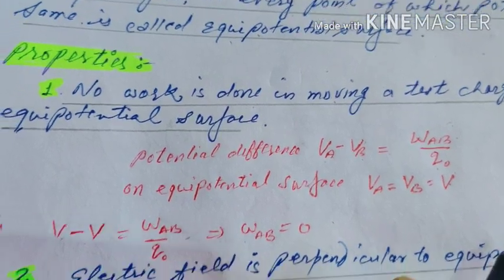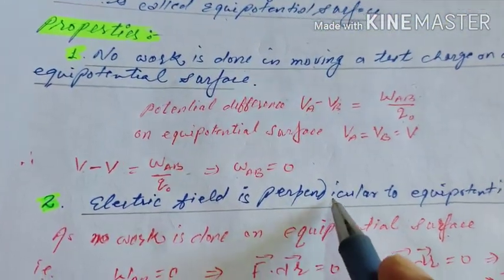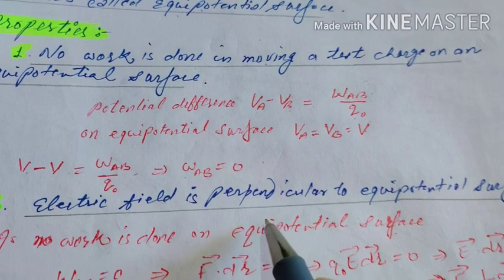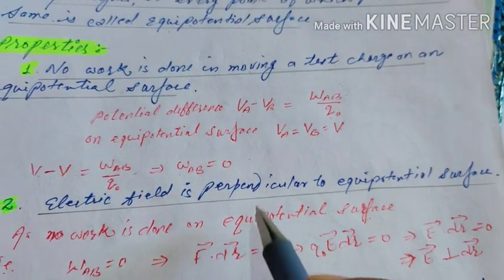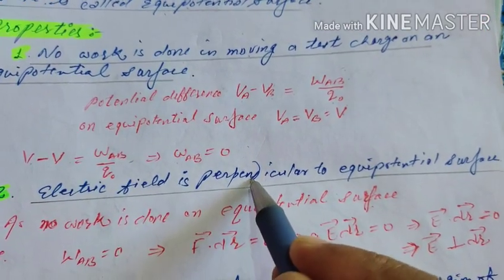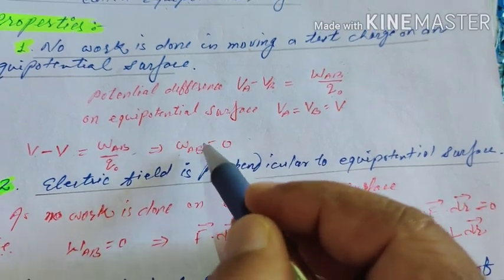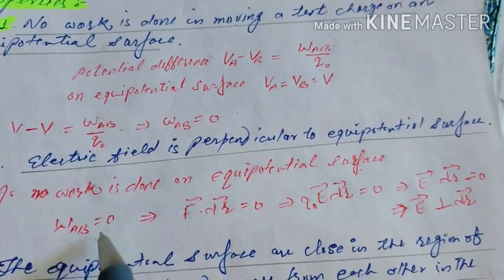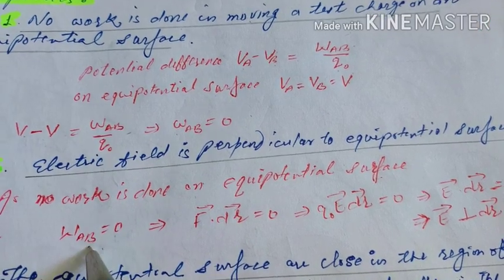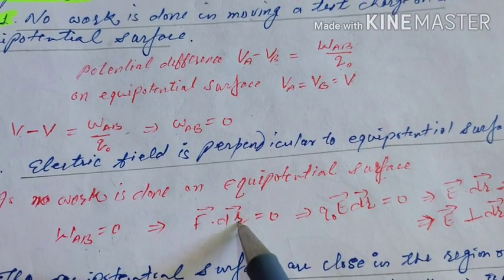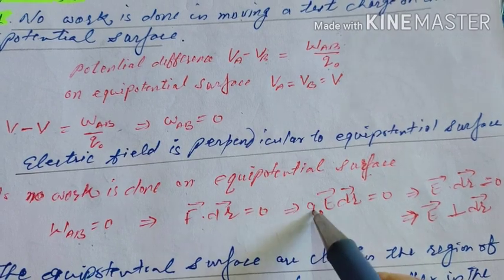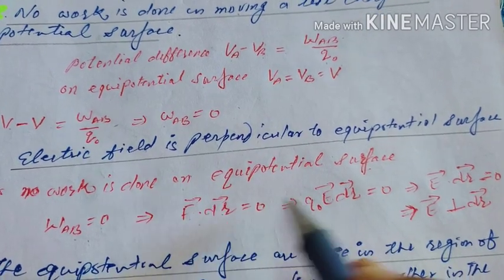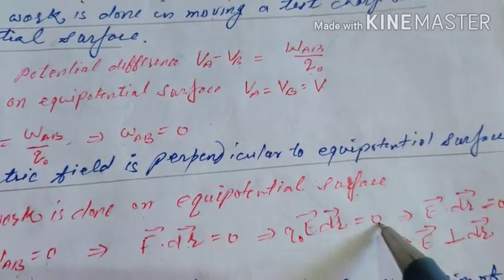The second property is that electric field is always perpendicular to the equipotential surface. To prove this, I will again start with the first property, that on an equipotential surface no work is done. So work done on an equipotential surface is 0. Work done is force into displacement, and force is Q0 E. So F dot dr is Q0 E dot dr, and this is 0.